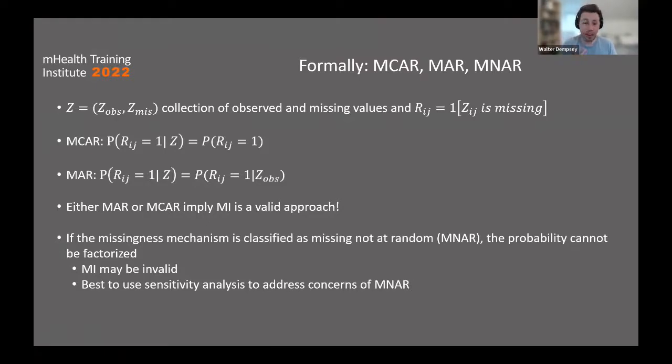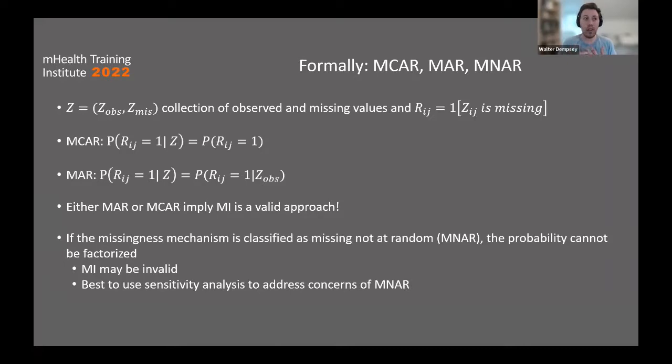So missing at random is an assumption that you probably have heard of before. That assumption is that, conditional on the observed variables, the probability of it being missing is conditionally independent of the missing data given the observed data. So in this world, maybe me wearing the device has something to do with my level of physical activity, but conditional on the observed physical activity on the other days, I have conditional independence.